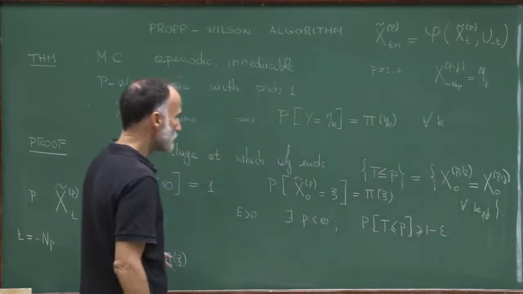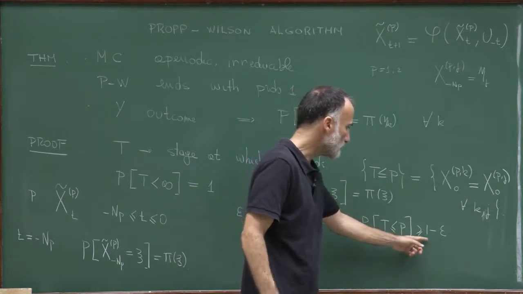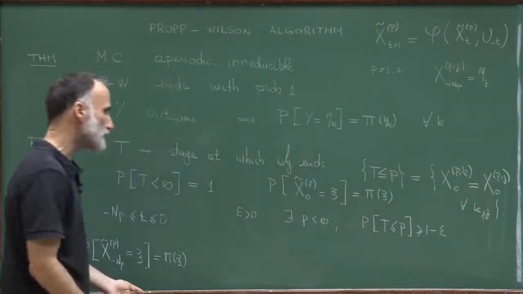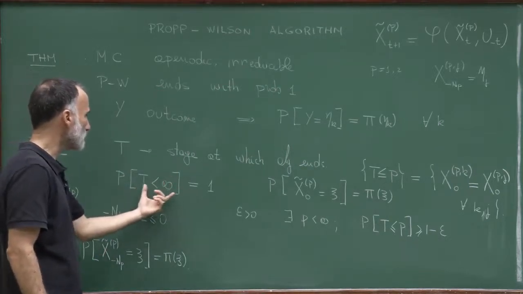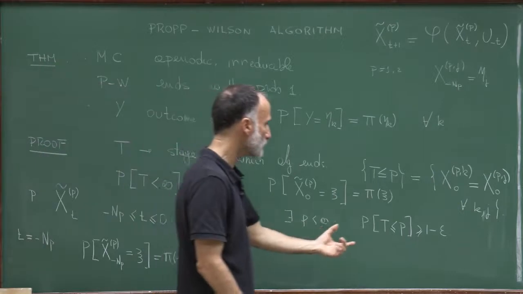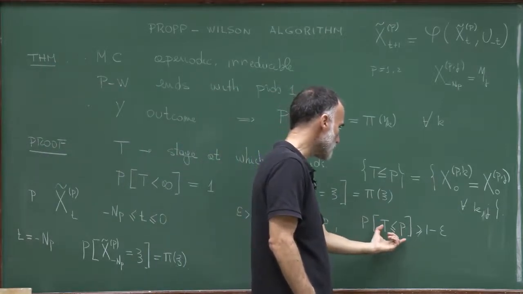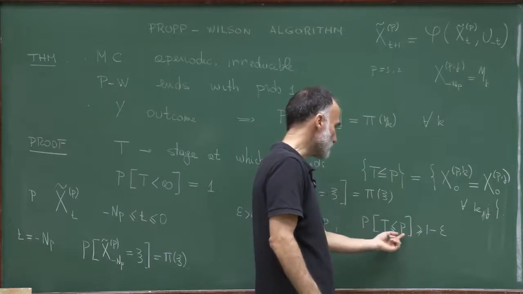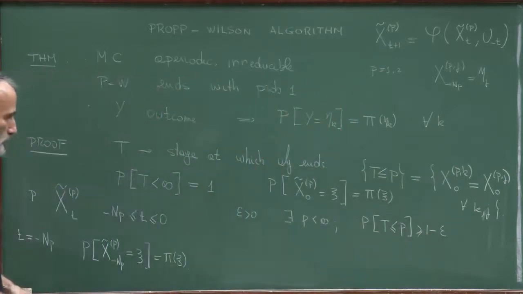I could also write that the probability that T is larger than p is bounded by epsilon, which is the same thing. Since the probability that it's finite is equal to 1, as I let p increase to plus infinity this probability tends to 1, and therefore I can find a p sufficiently large for that to be bounded below by 1 minus epsilon.